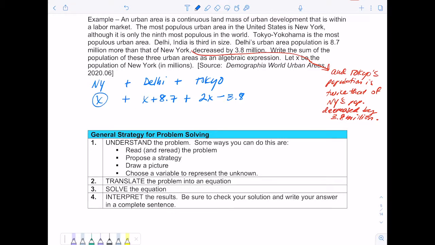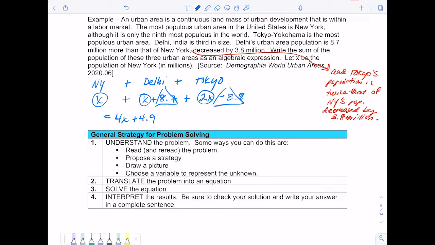You've got an x plus a 2x. So that's 1x plus 1x plus 2x, which would give me 4x. And 8.7 and negative 3.8 are like terms. So 8.7 plus negative 3.8 gives me 4.9. So I have 4x plus 4.9.